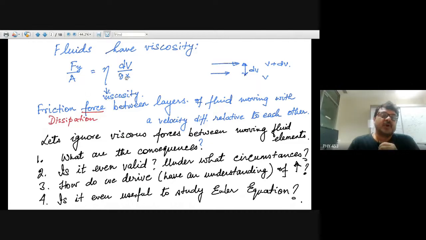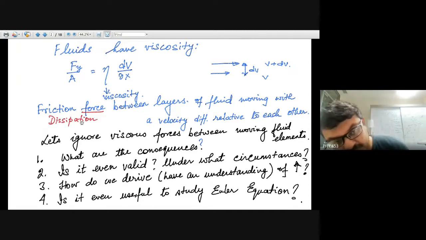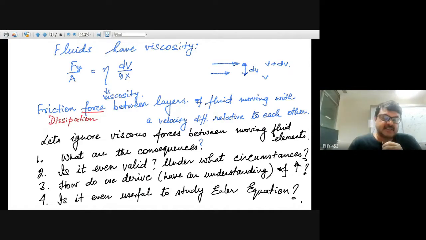So what the viscous term does is give a friction force between layers of the fluid moving with a velocity difference relative to each other, and this frictional force also leads to dissipation, right? Energy loss. But in today's class, we are going to ignore viscous forces between moving fluid elements and look at what the consequences are.